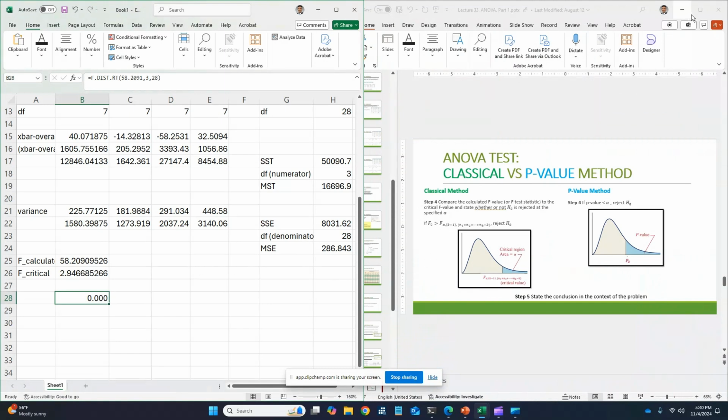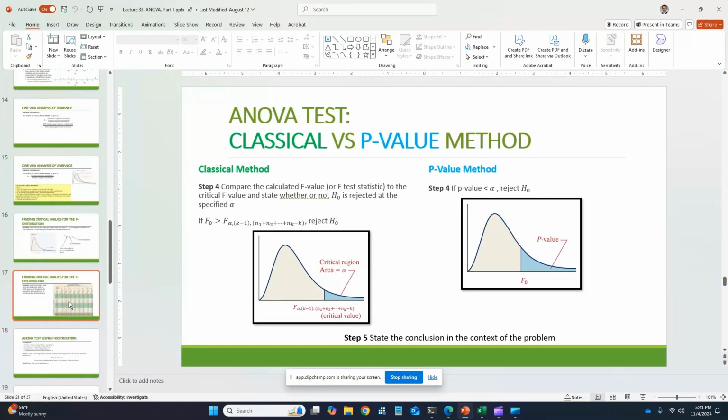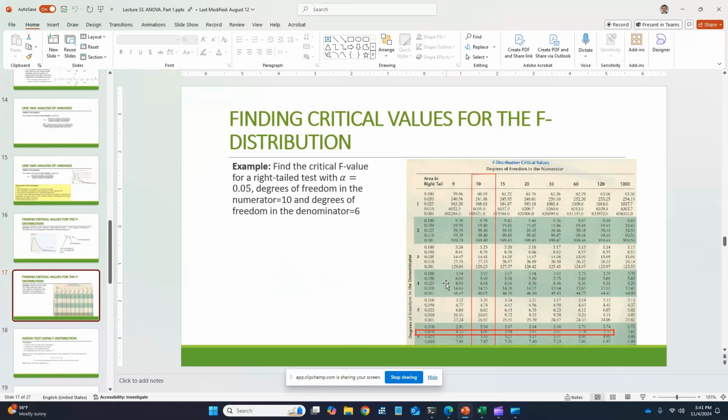Now we have another method of attaining the same conclusion, which is using this table. We can check the degrees of freedom in the numerator and the degrees of freedom in the denominator. The degrees of freedom in the numerator should be 3, and in the denominator 28, and you can find the value just like you did for T scores or Z scores from your book.